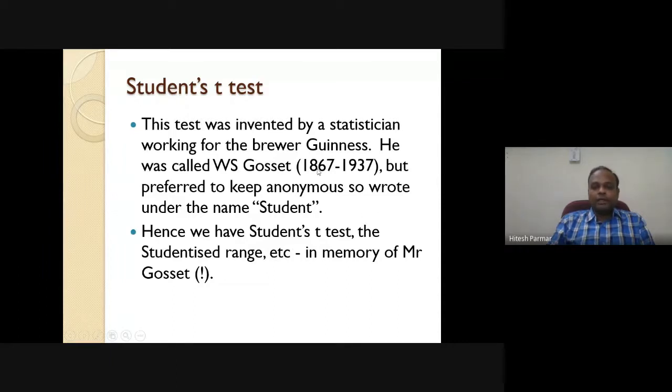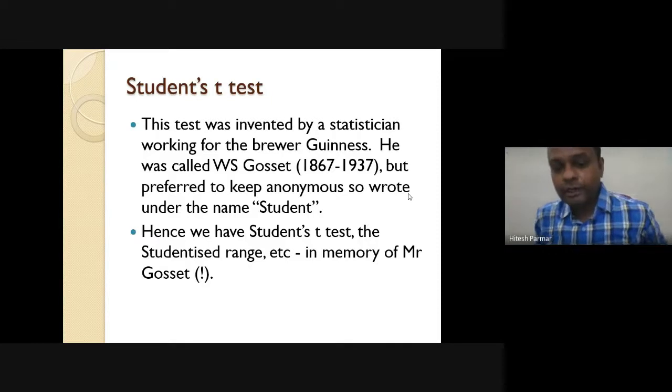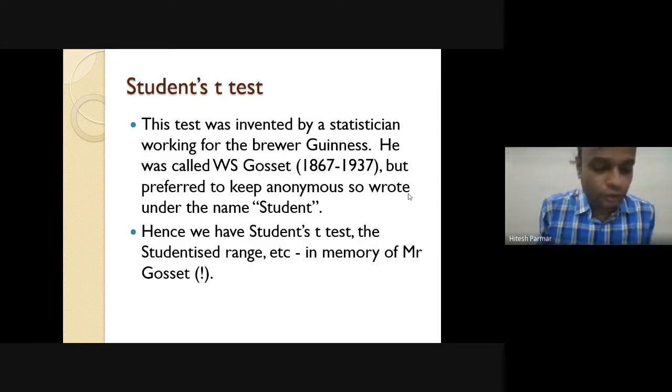When he joined the organization, at that time he was working in the quality control department, and in the quality control department his job was to accept or reject the lot at the end of the day.